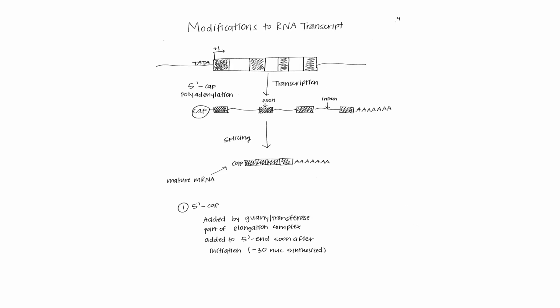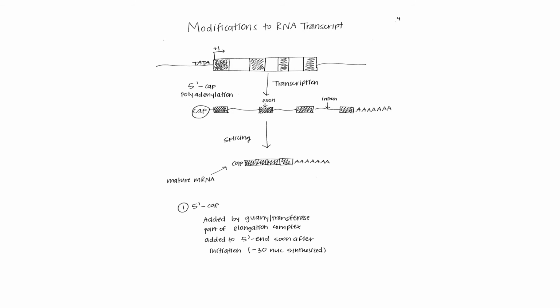So here we show again the open rectangle is the transcribed unit, plus one site is the initiation site, the TATA box, and so on, and you get transcription. Those dark boxes represent the exons, which have the coding information for the protein, the proper codons to make the proper protein, and then the white boxes are the introns that will be removed.